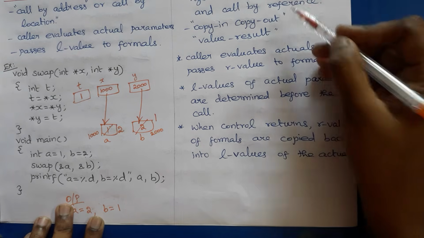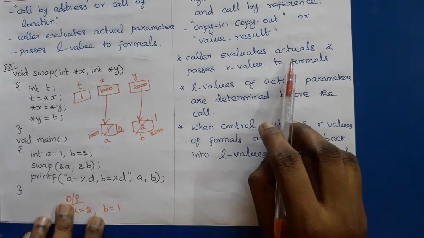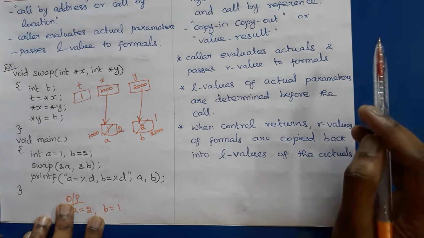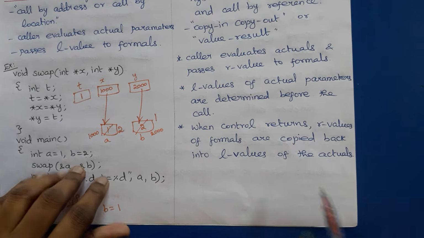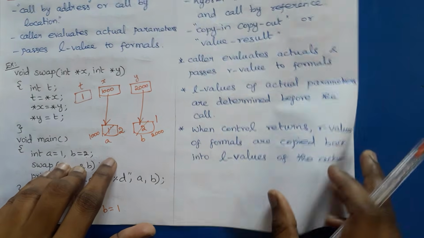So here call by reference is done. So first actual parameters must be evaluated and its R values must be passed to the formals. Then whenever the control returns, R values of the formals are copied back to L values of the actuals. So this is similar to call by reference. So first step is called as copy in, second step is copy out.